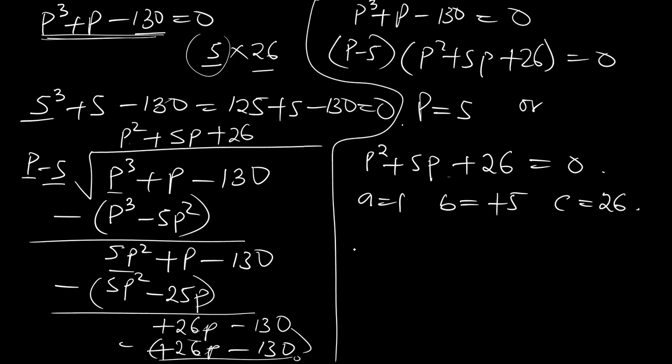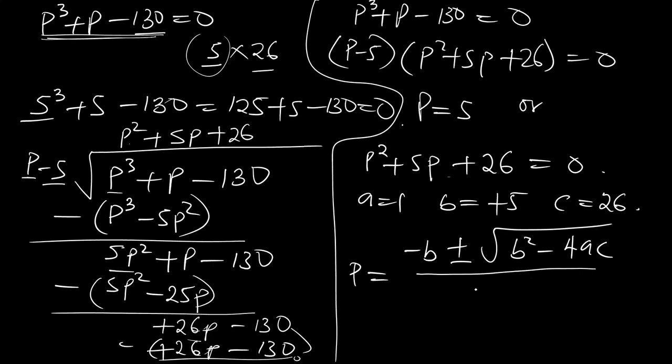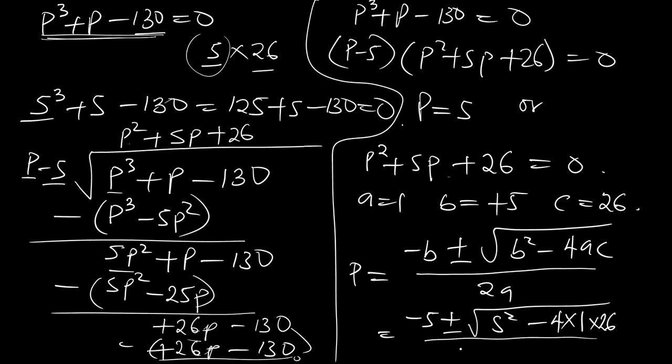Now let's solve for p. Now p will be minus b plus or minus the square root of b squared minus 4ac, divided by 2a. So if you put in here, it will be minus 5 plus or minus the square root of 5 squared minus 4 times 1 times 26, divided by 2.